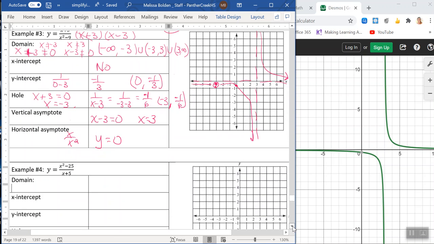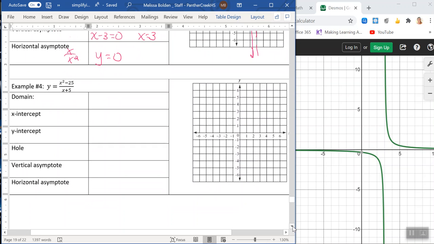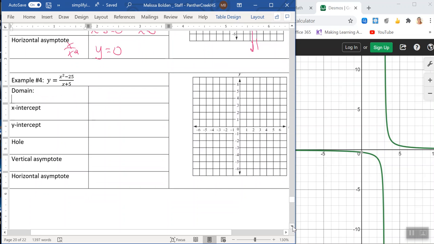All right, last one. We have x squared minus 25 over x plus 5, our domain. X is not equal to negative 5. So my domain is negative infinity to negative 5, negative 5 to infinity.